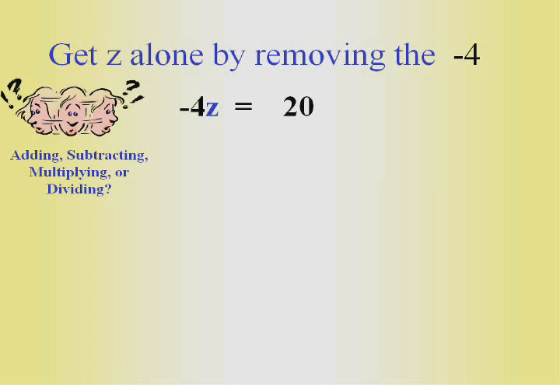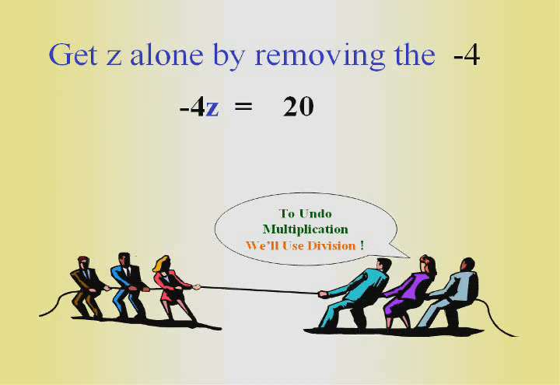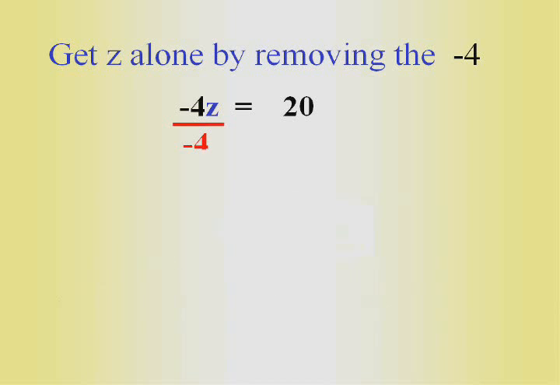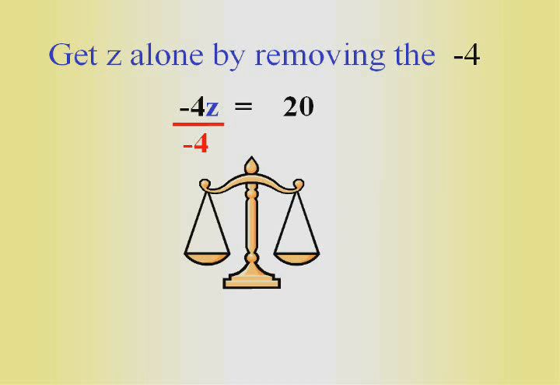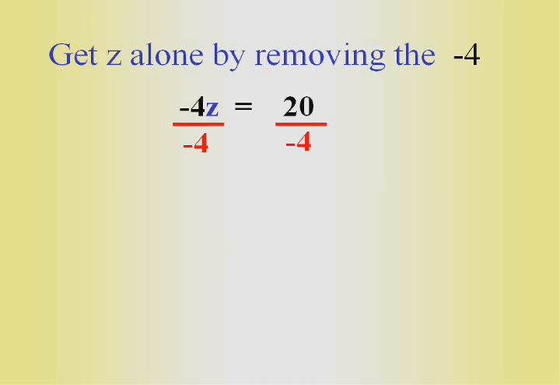So there's not going to be any addition in this solution. We're going to divide by negative 4, because that's the opposite of multiplication. Divide by negative 4 on both sides. And let's see what we get. That'll go away, and we'll have 1z or z.